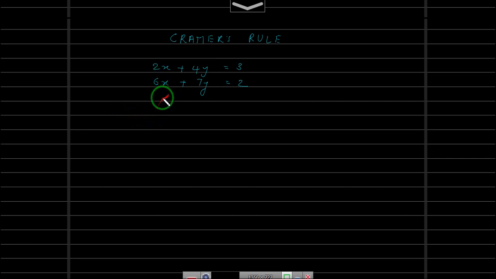Let us write a 2 by 2 system of equations, say a1x plus b1y equals c1, and a2x plus b2y equals c2. So we have two equations, two unknowns, where a1, b1, c1, a2, b2, c2 are constants. We need to find the values of x and y which will satisfy this.